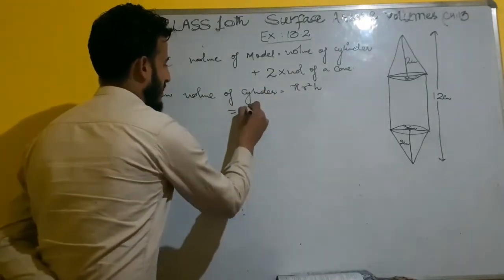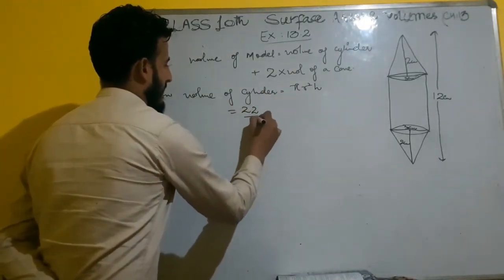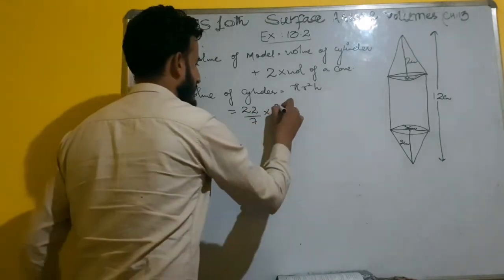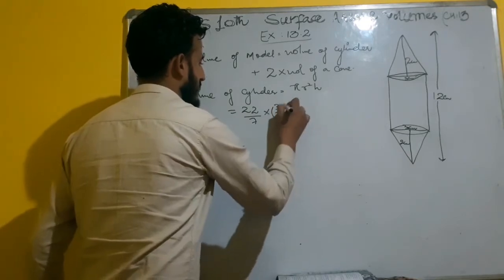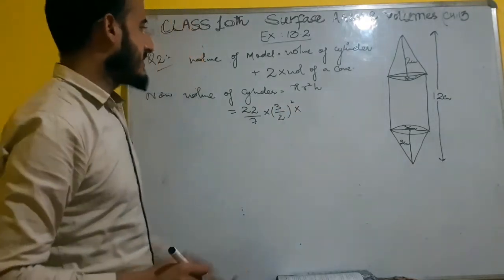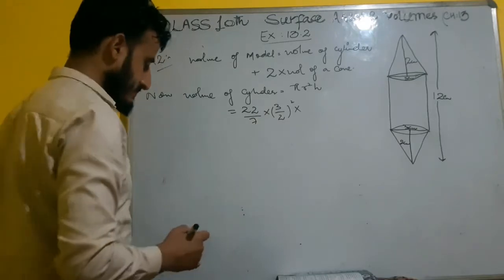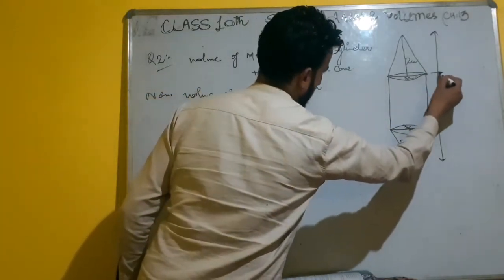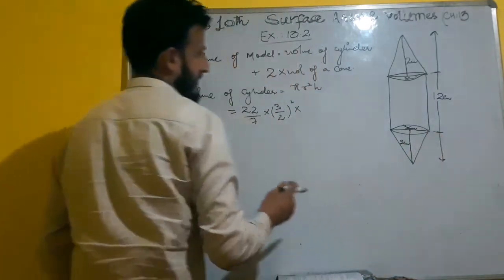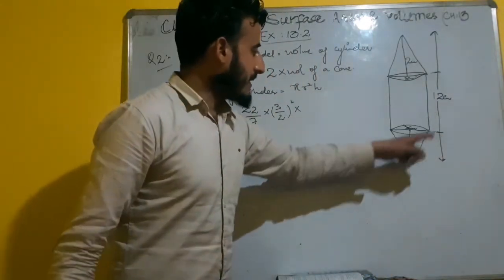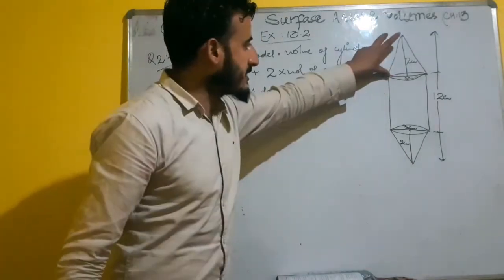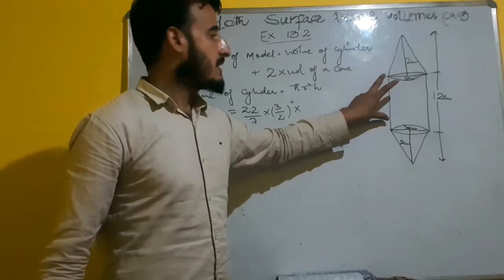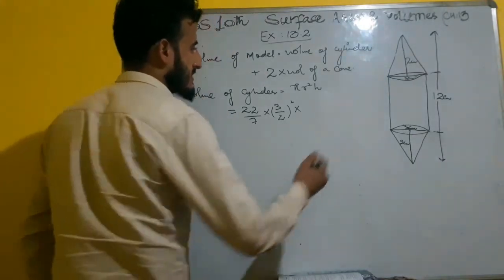Implies pi is 22 upon 7, into radius, which is half of 3, that is 3 by 2, into the height. The height of the cylinder is this part, from here to here. That means 12 minus 2 minus 2; subtracting 2 centimeter from here and 2 centimeter from here gives us the height of the cylinder.